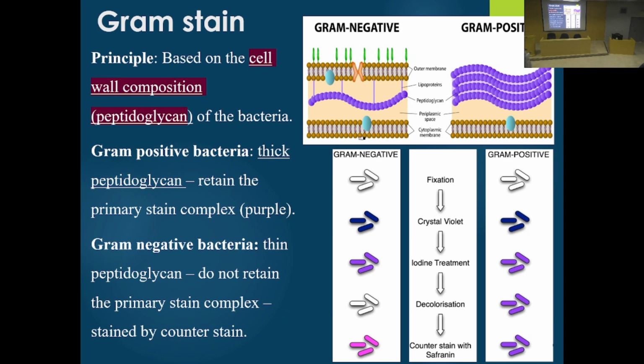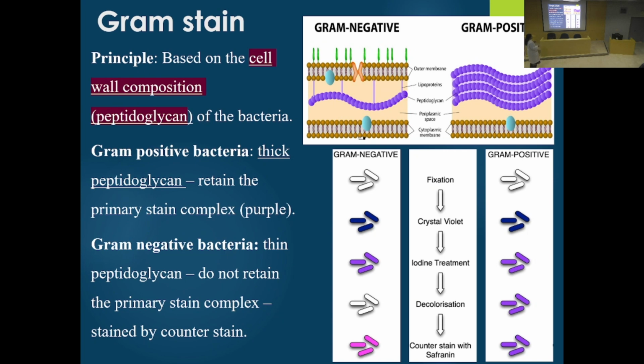In gram stain we have 4 steps: crystal violet, iodine, decolorization and counter stain. First, when you add crystal violet, both bacteria will take up the crystal violet stain. Then iodine is added, which acts as a mordant.